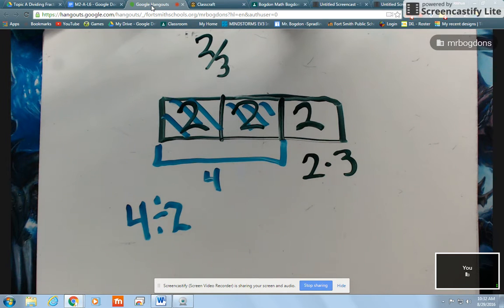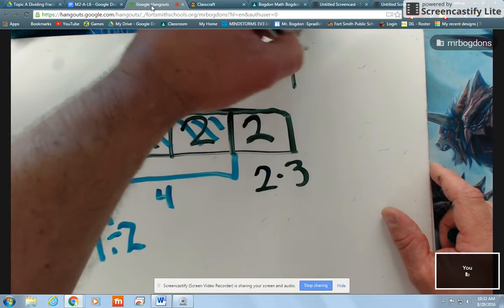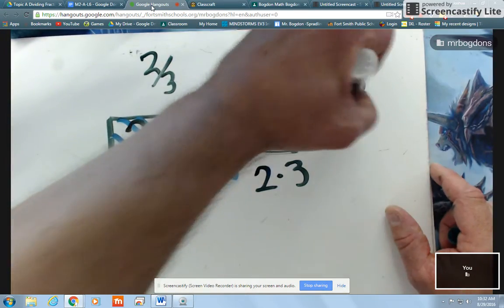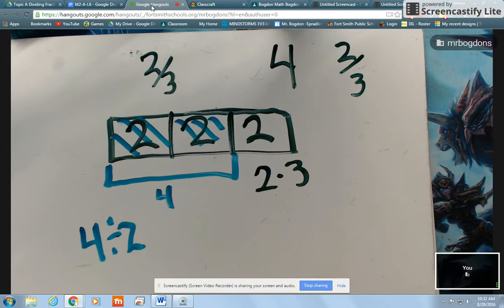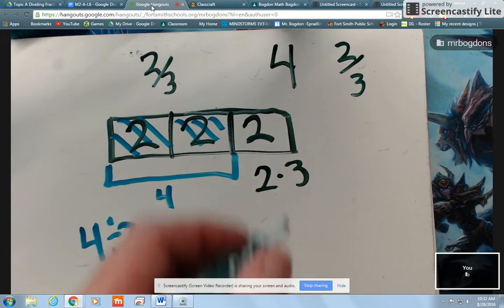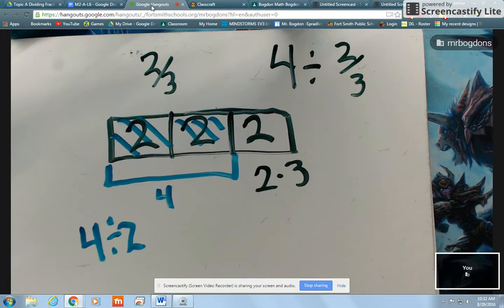Keep getting the same people raising their hands. Well, my original numbers were 4 and 2/3. 4 was 2/3 groups of something total. Luis. 4 divided by 2/3. Okay, that's exactly correct.